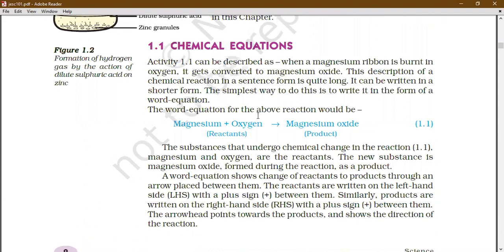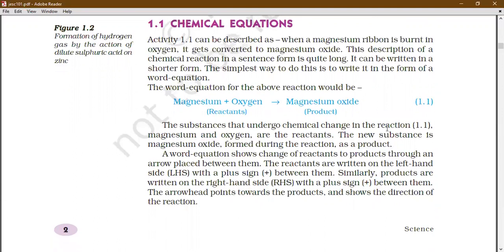The word equation for the above reaction would be magnesium plus oxygen gives magnesium oxide. Magnesium plus oxygen, they are the reactants, and magnesium oxide, that is the product. The substances that undergo chemical change in the reaction 1.1, magnesium and oxygen, are the reactants. The new substance, magnesium oxide, formed during the reaction is a product.